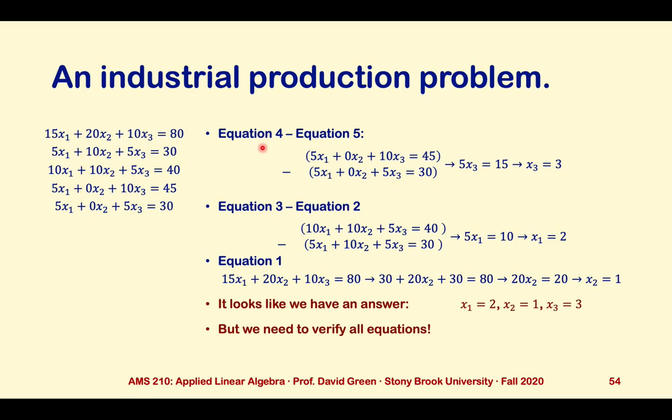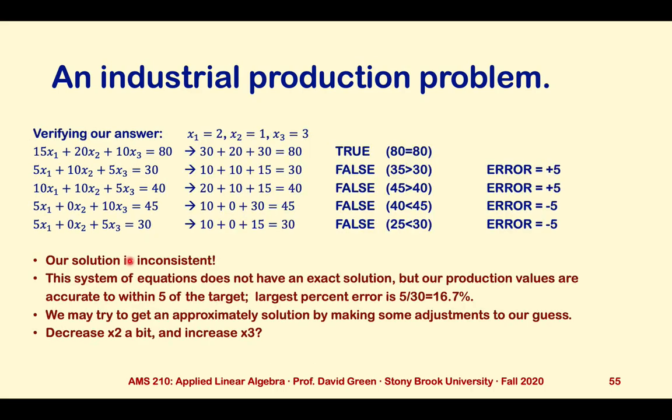Really, we've only used 3 pieces of information, 2 differences and 1 equation by itself, but we have 5 equations. We verify these by plugging these answers into all of the equations. We've already done it for 1. We know that works. And we need to double check that it works for all of them. What happens when we do that?